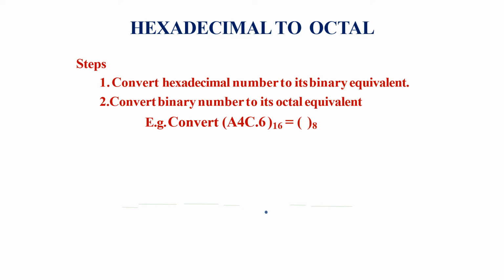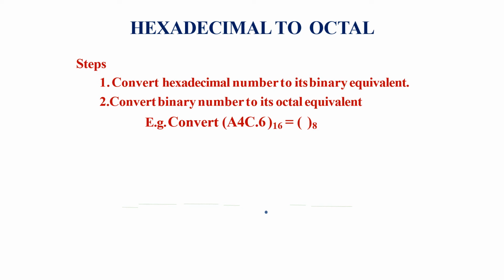So here also, for example, I am considering A4C.6 with base 16, which means the given number is hexadecimal. But the question is, we have to convert this hexadecimal into the equivalent octal. So first we are going to write the 4-bit binary equivalent for each digit of the hexadecimal.